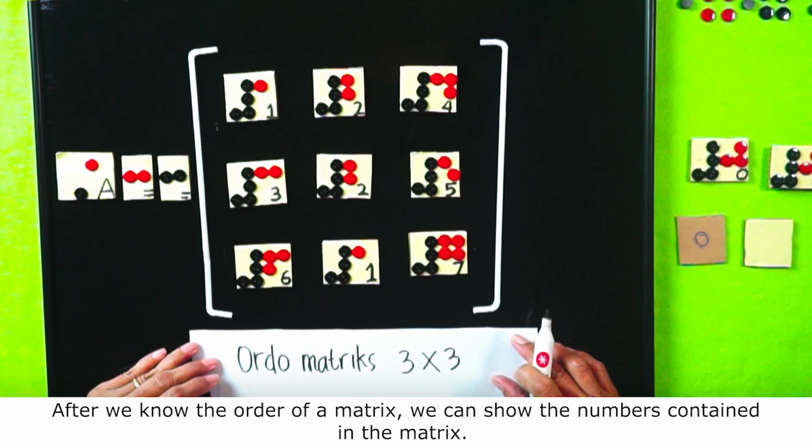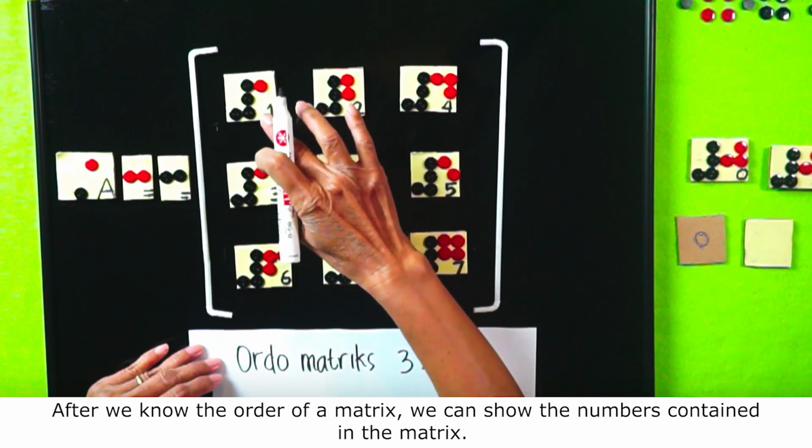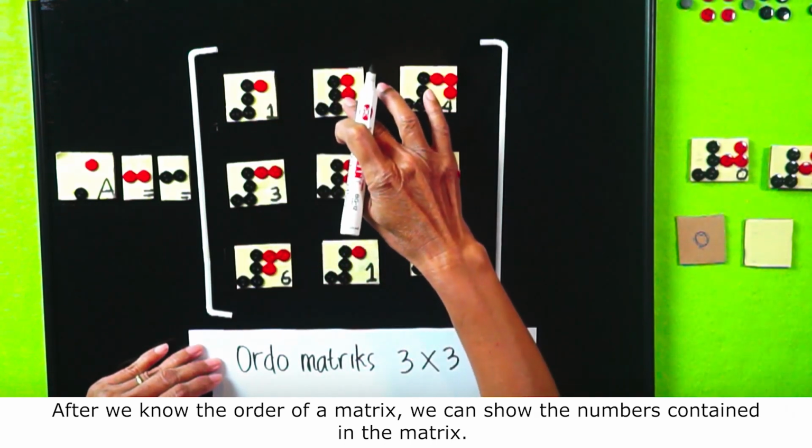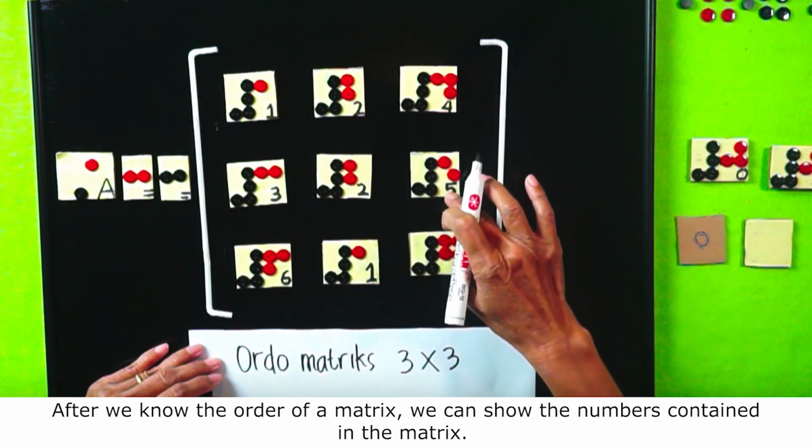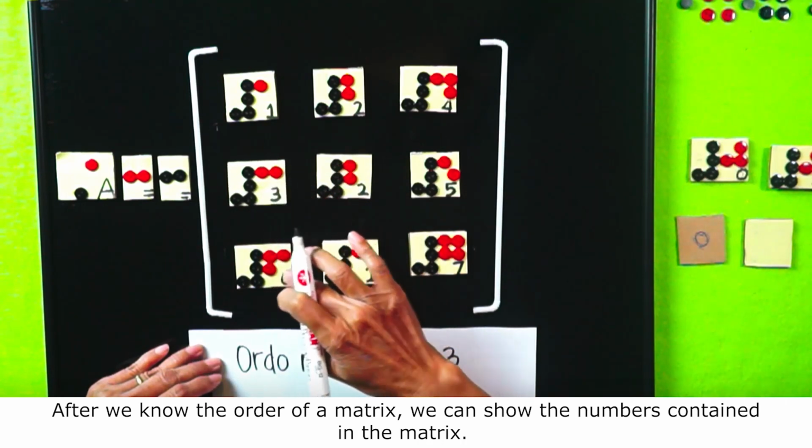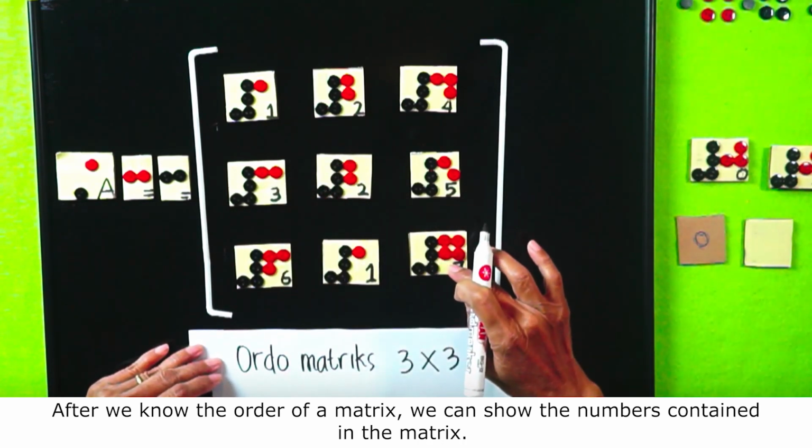Setelah kita mengetahui ordo dari suatu matriks, kita bisa menunjukkan bilangan-bilangan yang terdapat pada matriks. Nah, bilangan-bilangan yang terdapat pada matriks sering kita namakan unsur atau elemen. Ini namanya unsur atau elemen.